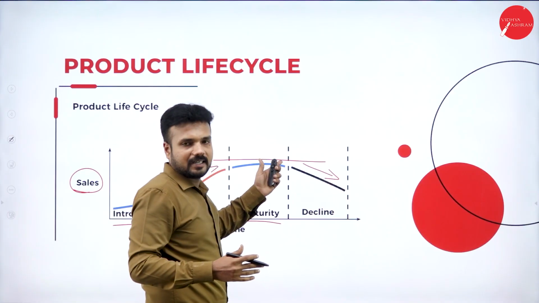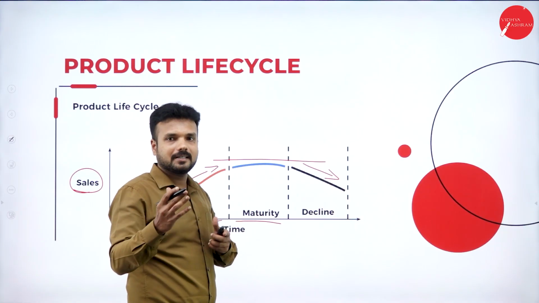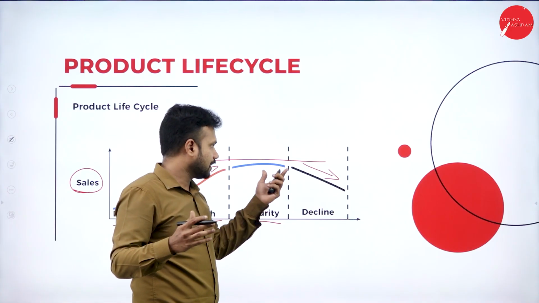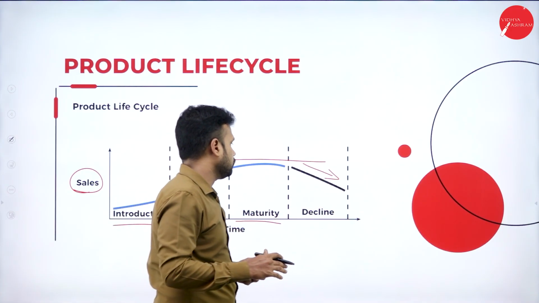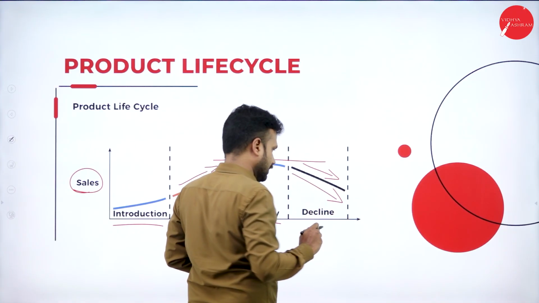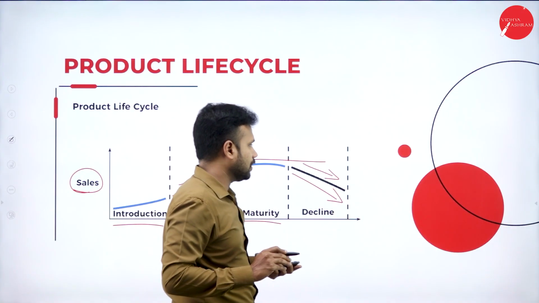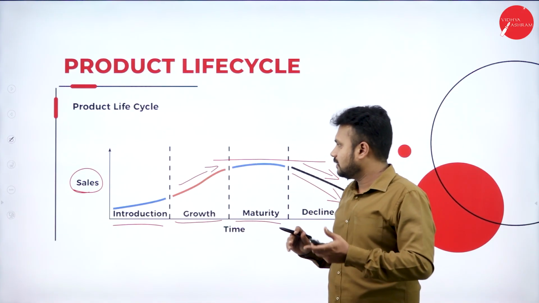So again competitors arise in this maturity stage. If the product is not available, customers change their mindset and change the brand. They move towards the competitors, and automatically the sales volume goes downward. This is the situation faced by brands.